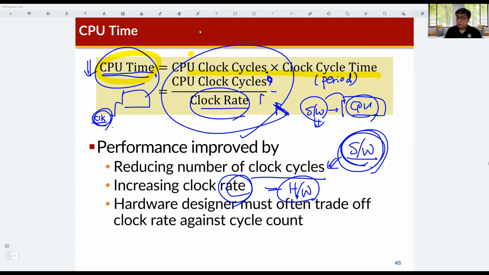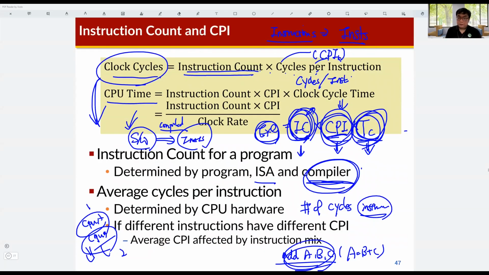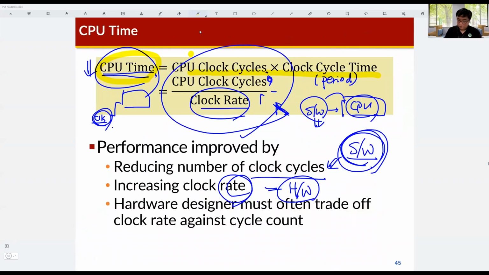So in order to measure the CPU time of one application, we count the CPU cycles to execute a certain application, and then this number of cycles is multiplied by clock cycle time. That means the clock period. And then we can rewrite this equation as instruction count multiplied by CPI and then clock cycle time. Okay. So actually, we frequently use this equation, not the previous one.